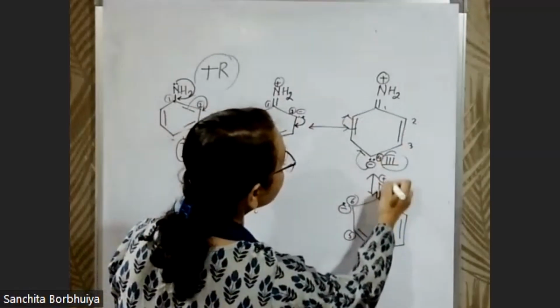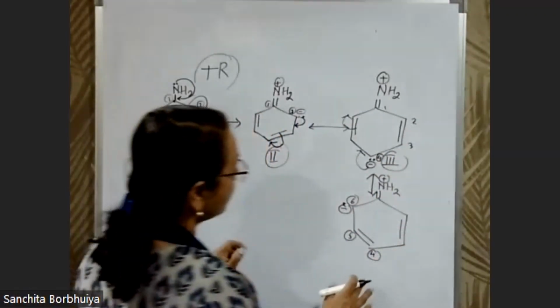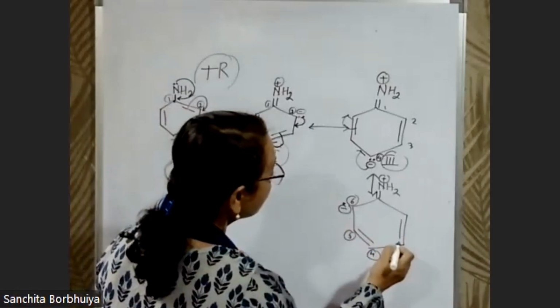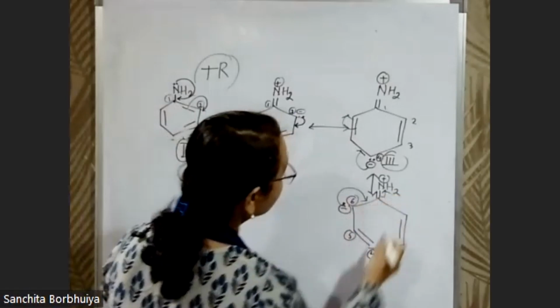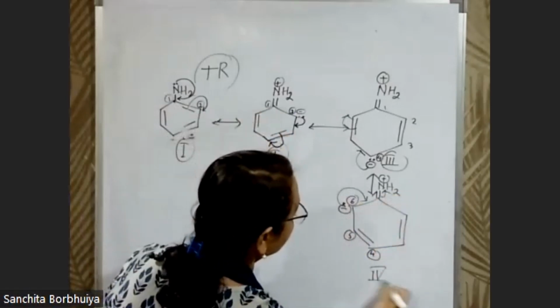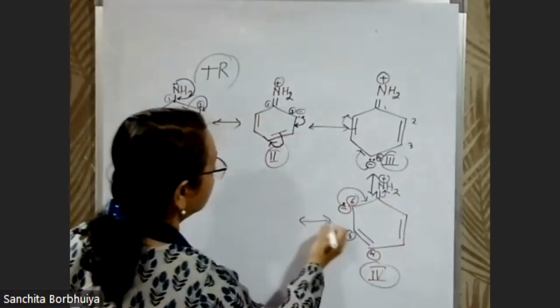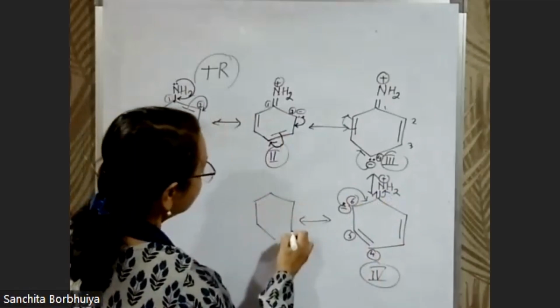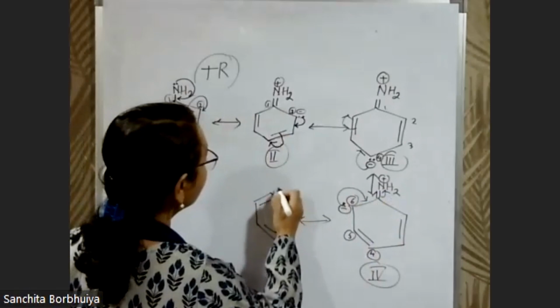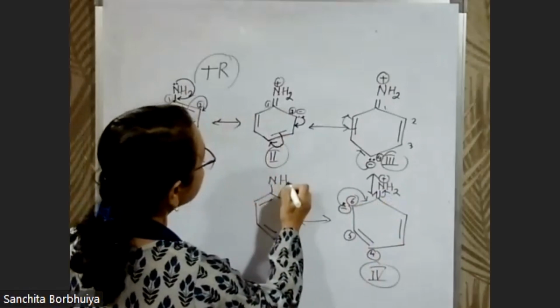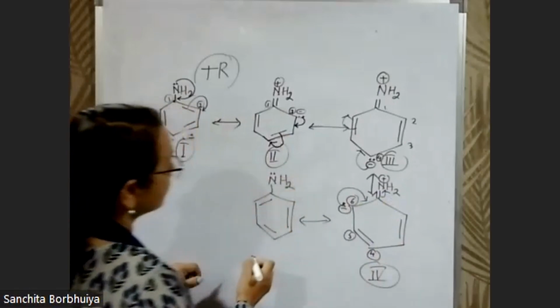Remember to replicate the structure exactly wherever you have not done anything. So now we have the final structure where this becomes a pi bond, and the final structure has a pi, and another pi. And the lone pair comes back on nitrogen.